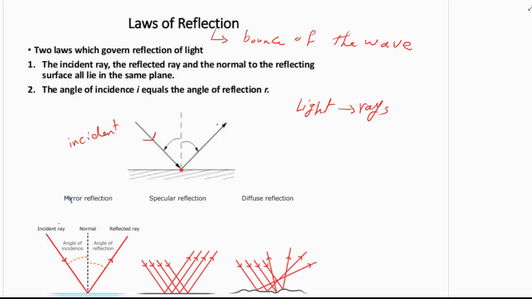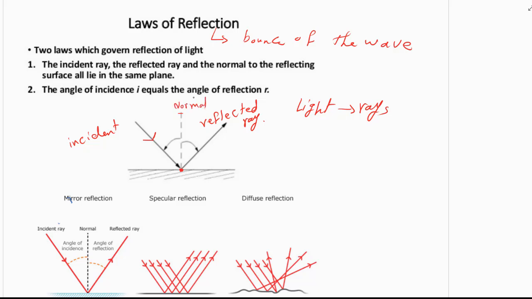When it reflects, it becomes a ray called the reflected ray.